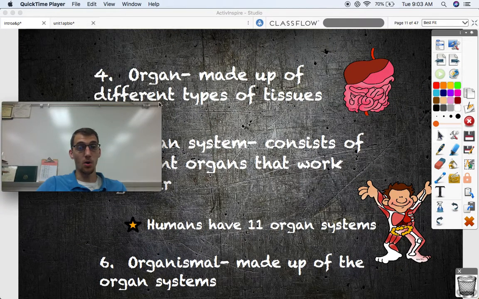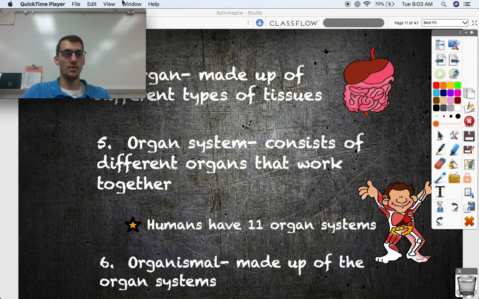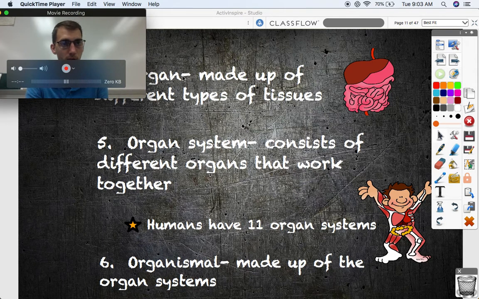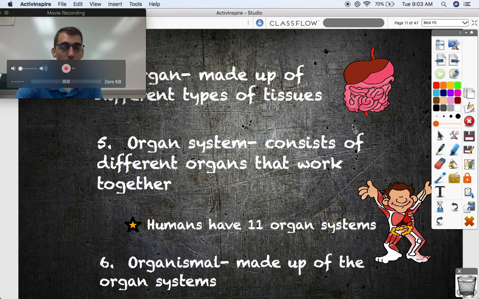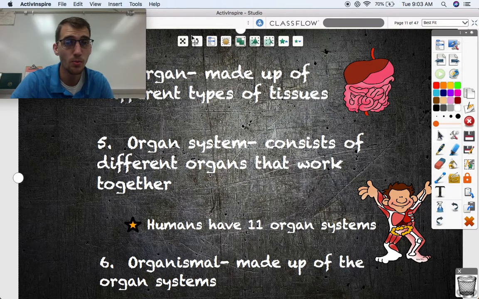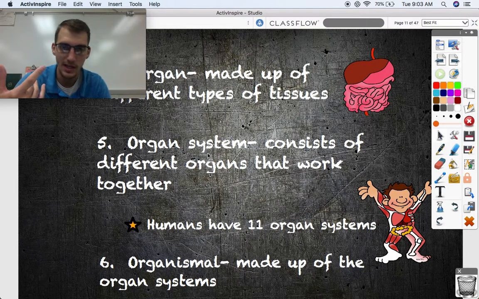So as I put here, an organ is made up of different types of tissues, and this is what you might be more familiar with, like your liver is an organ, so on and so forth. And many organs working together that also serve one function in maintaining homeostasis in the human body, that's called the organ system, and an organ system consists of different organs that work together.